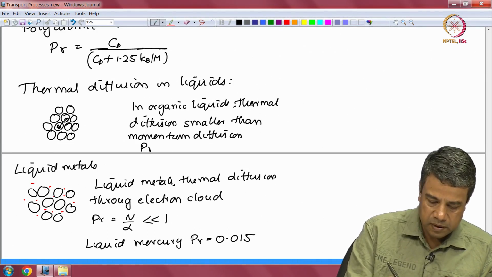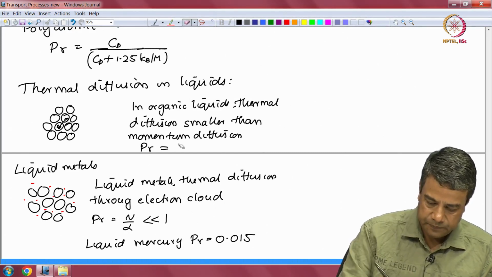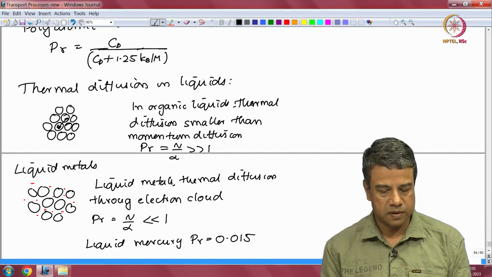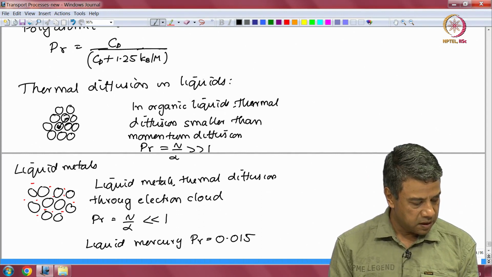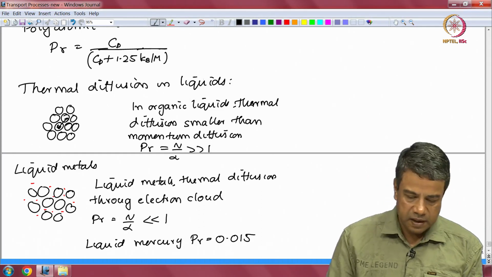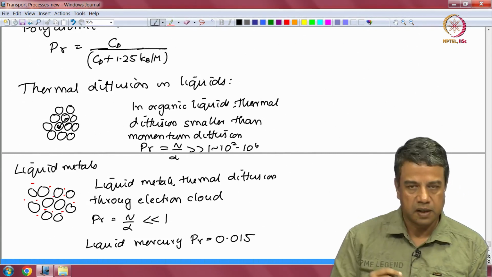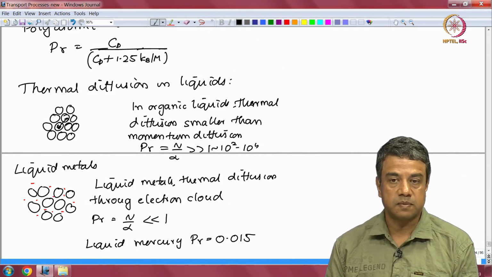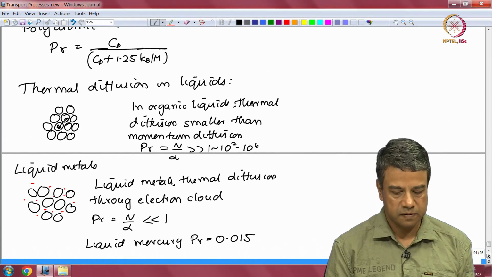The Prandtl number will be much larger than 1. If thermal diffusion is much smaller, then the Prandtl number is much larger than 1, and it could vary in the range 10 power 2 to 10 power 4, depending upon the liquid. In this case, the transmission of thermal energy is much slower than transmission of momentum.